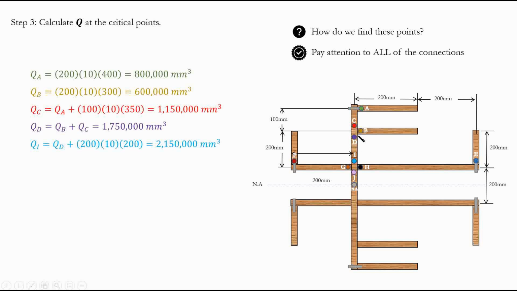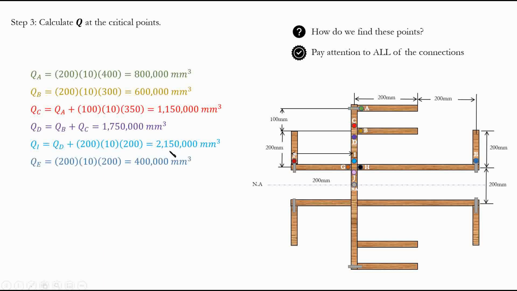So QI is QD, which consists of this segment, plus the Q for this little segment. What is the Q for this segment? It's 10 times 200, which is the area, multiplied by the distance. What is the distance? 100 plus 2 plus 100, 200 divided by 2, so 100 plus 100 will be 200. So 200 times 10, the area, multiplied by the distance that we just saw.